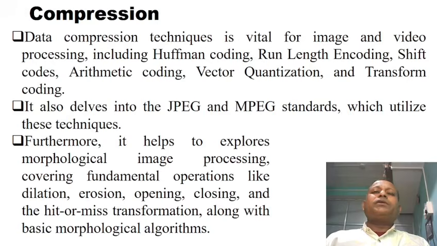Data compression techniques are vital for image and video processing. It includes Huffman coding, run length encoding, shift codes, arithmetic coding, vector quantization and transform coding. It also delves into the JPG and MPG standards, which utilize the above techniques.